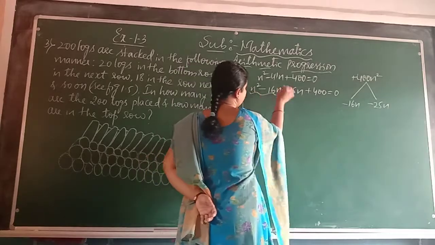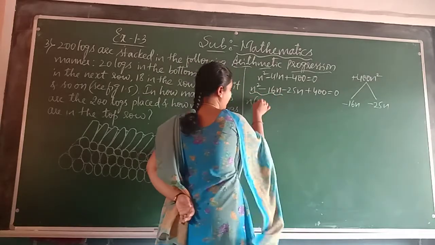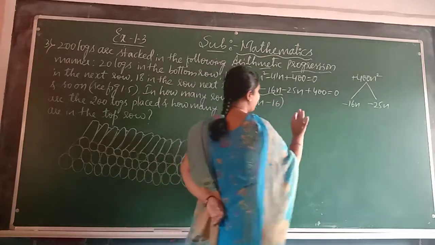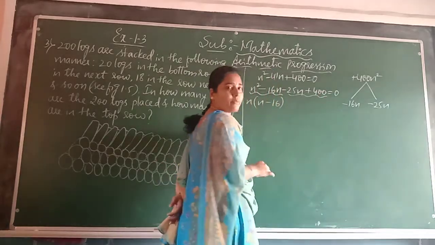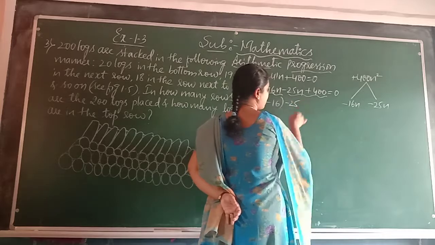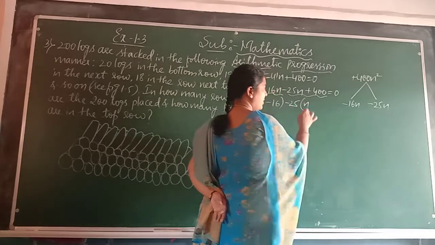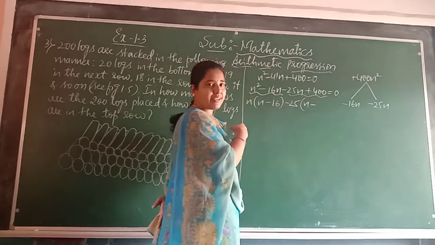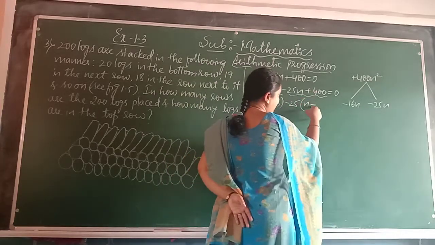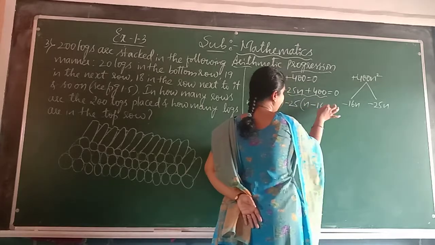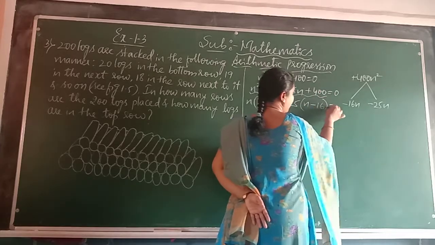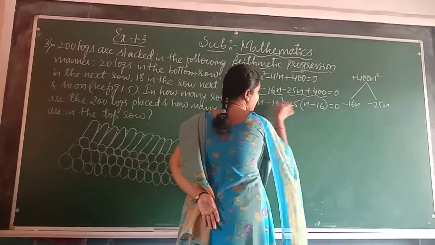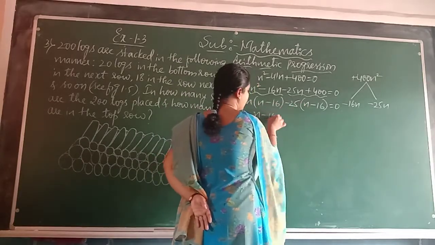Now, in these two terms, n is common, take it out, we will get n minus 16. Again, in these two terms, minus 25 is common, what left? n. This plus becomes minus because the minus we took as a common, no? That's why plus becomes minus and 25 16s we will get 400 equal to 0. Now, n minus 16 is common in these two terms.